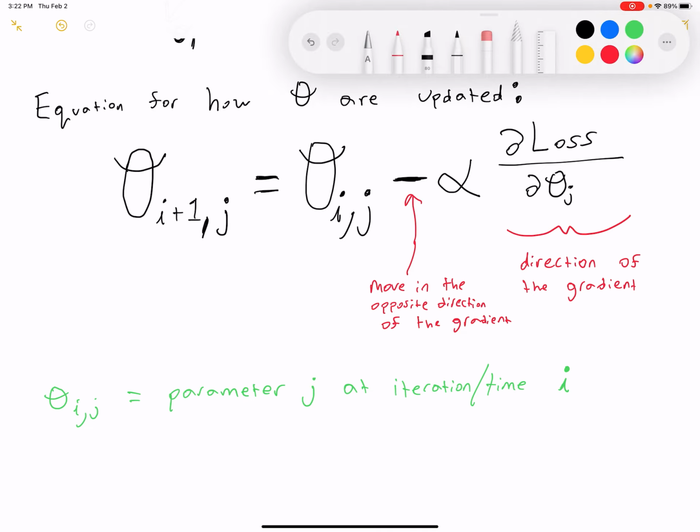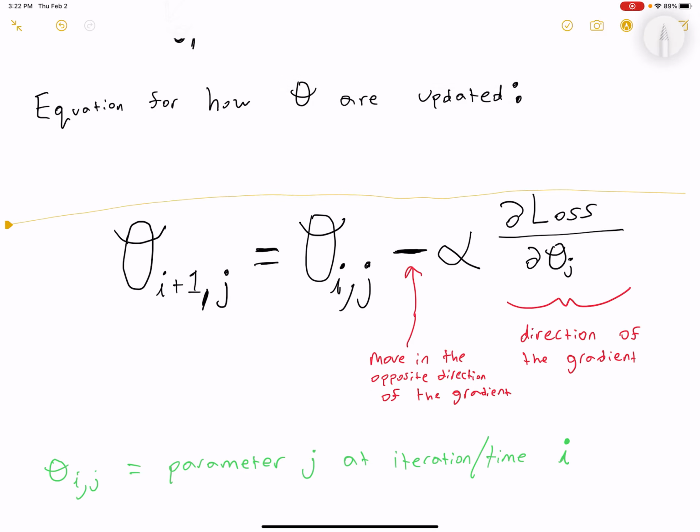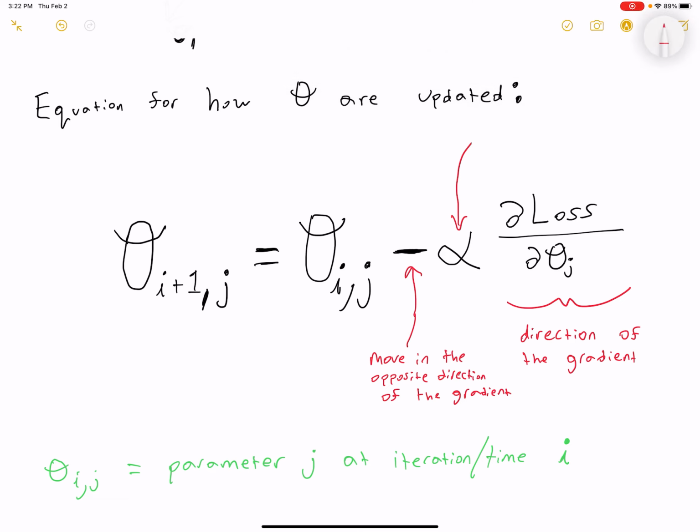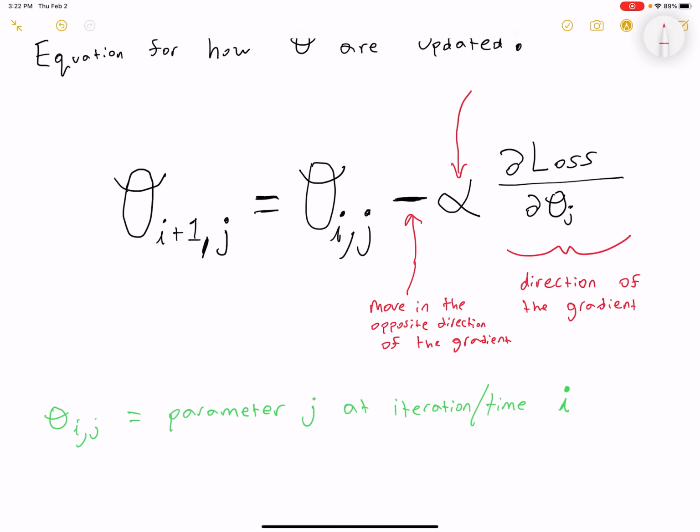Let me add some more room to annotate this. This is a hyperparameter that affects the learning rate. It's called the learning rate, and it affects how much we move at each time step.